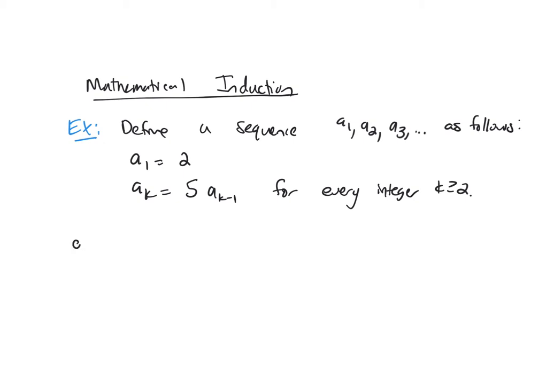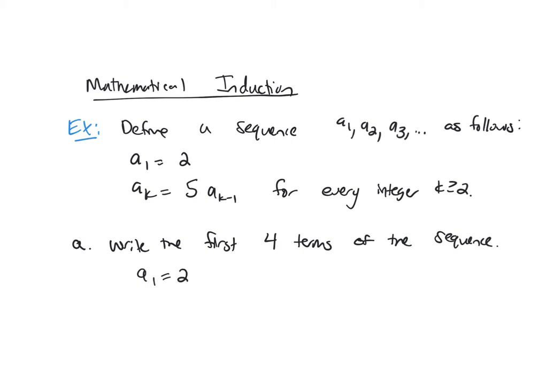So there's two parts to this. First we want to write the first 4 terms of the sequence. The first term was given to us, A1 is 2.